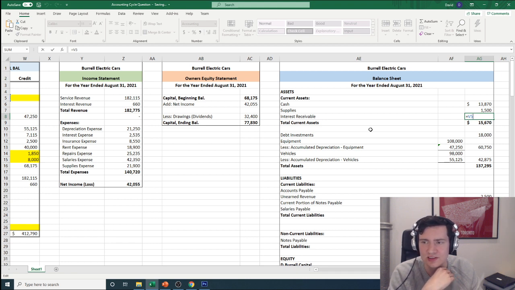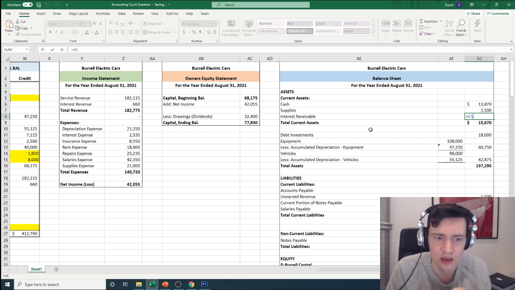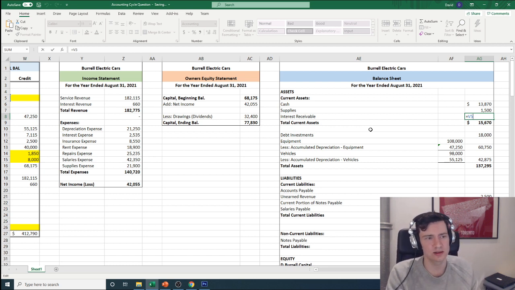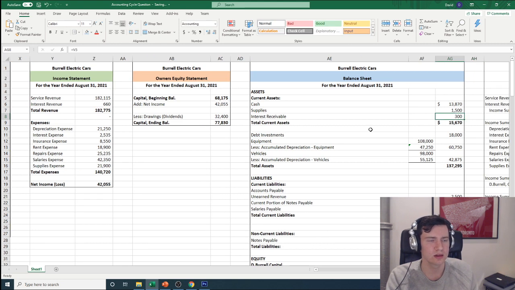Everything is just addition, subtraction, multiplication, division. I tend to think of accountants more as lawyers because a lot of what accountants do is reading through notes and providing note disclosures in the financial statements. So it's not as numbers based as you might think, besides the bookkeeping aspect, which is very fun, as you can tell.